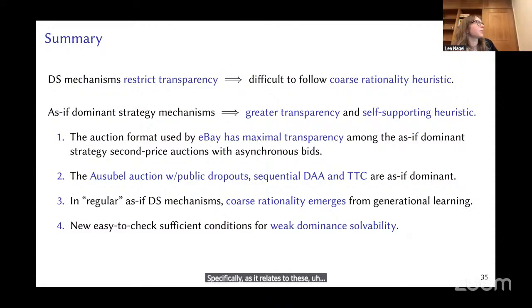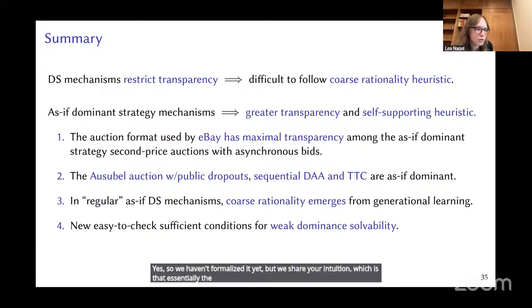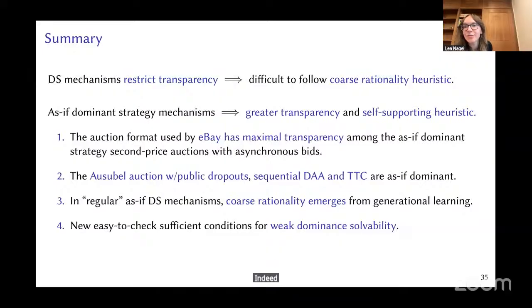Yes, so we haven't formalized it yet, but we share your intuition, which is that essentially the reason for which more transparency at some point might be problematic has to be related to the rule being bossy in some sense, because indeed it's just creating more indifferences for you, and these indifferences are not going to be shared by the other agents.